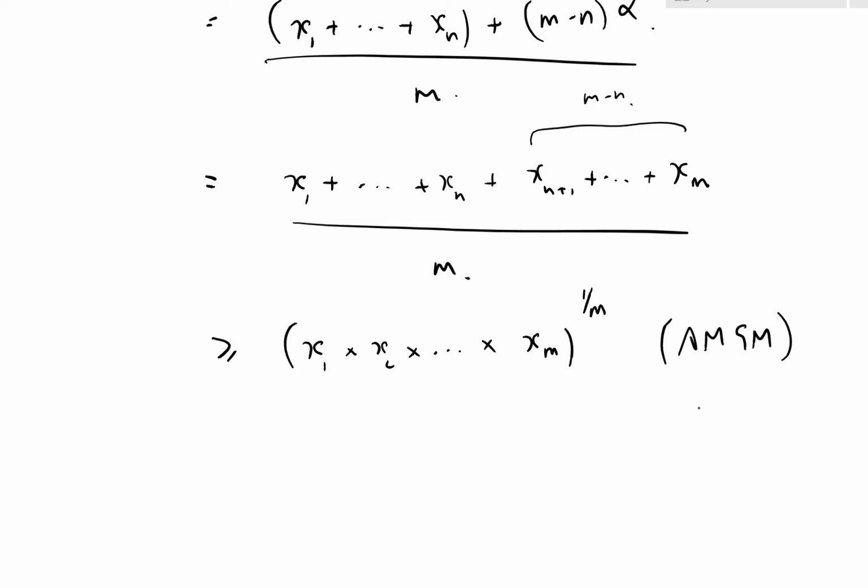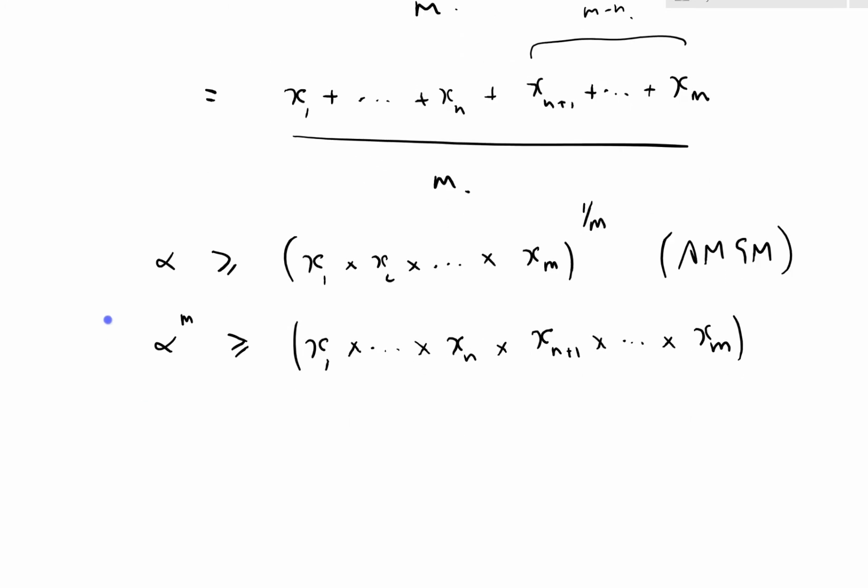So this is alpha, so alpha to the power m is greater than or equal to x1 times dot dot dot times xn times x(n+1) times dot dot dot times xm. I've taken my power over onto the left hand side there.